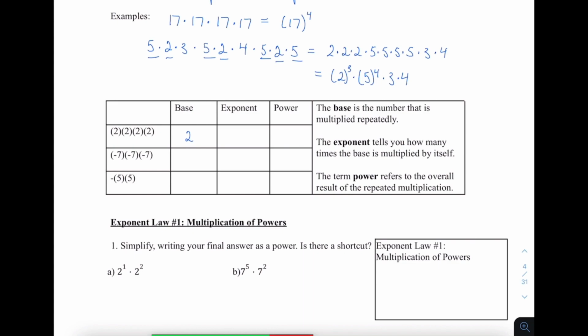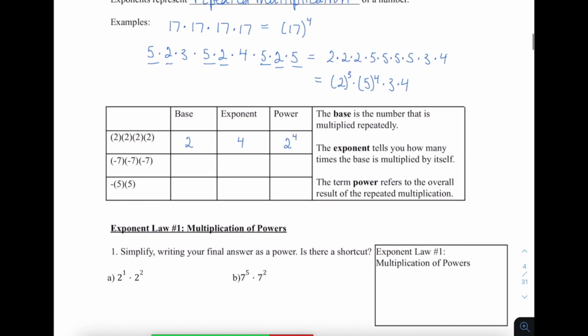The exponent in this case would be 4 because it's repeated 4 times. So the power is 2 to the exponent 4. The mistake I often make is I say this is 2 to the power of 4, when actually it's 2 to the exponent 4, and the whole entire thing is what is referred to as the power.